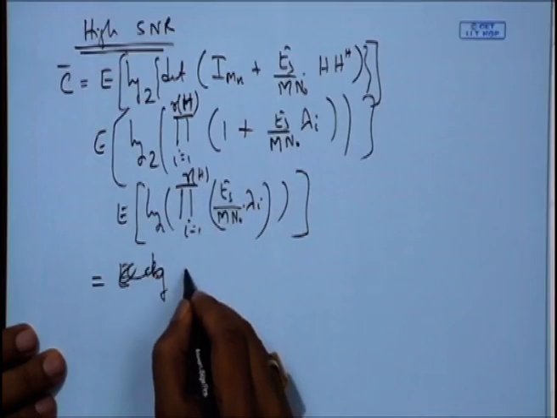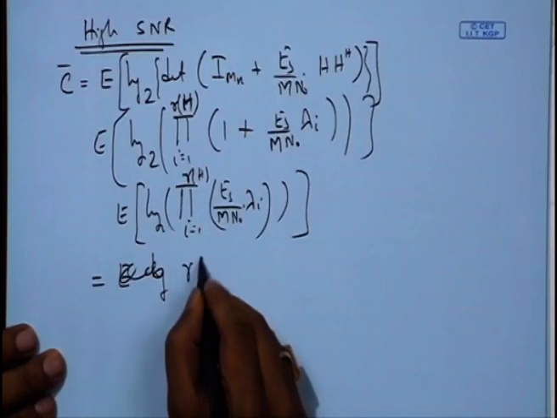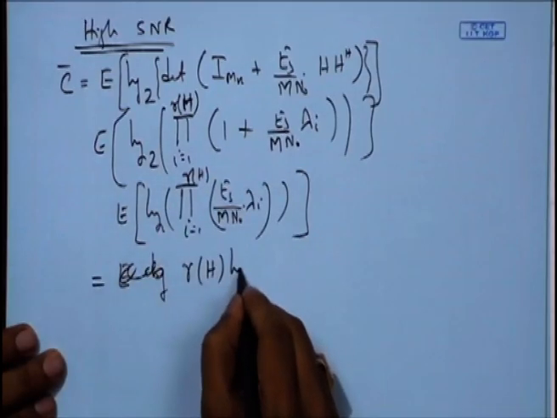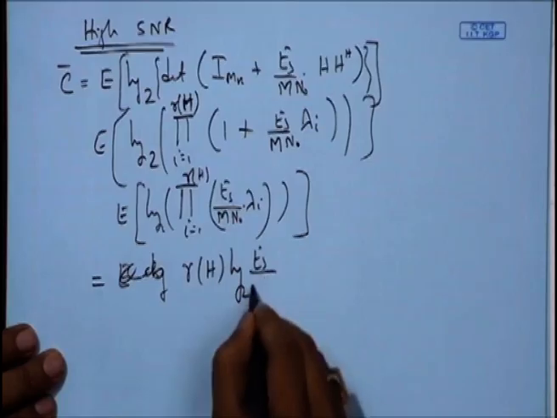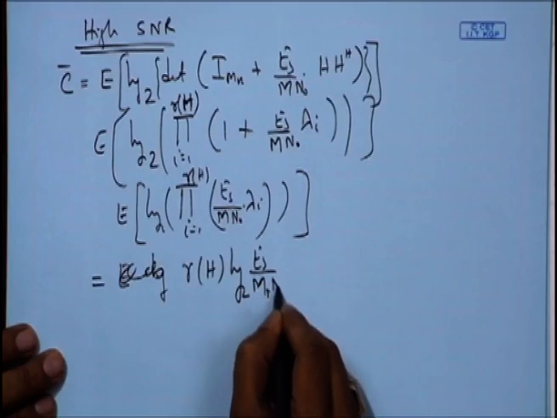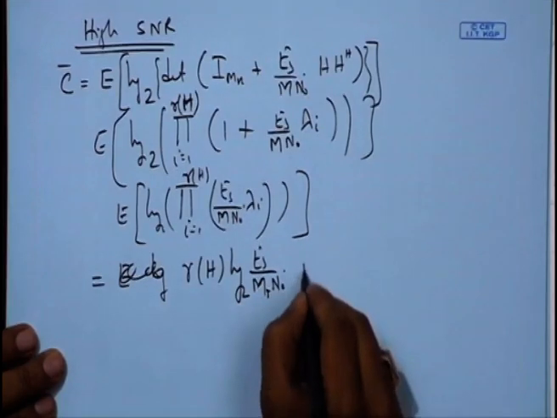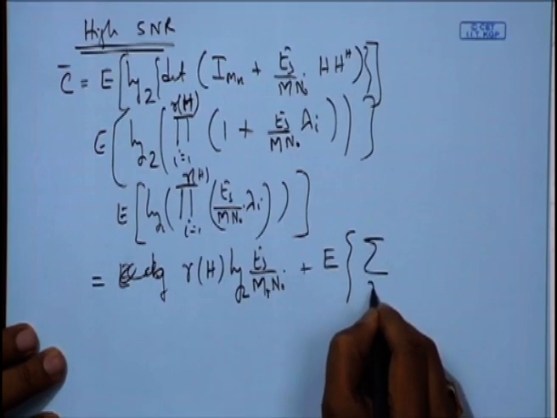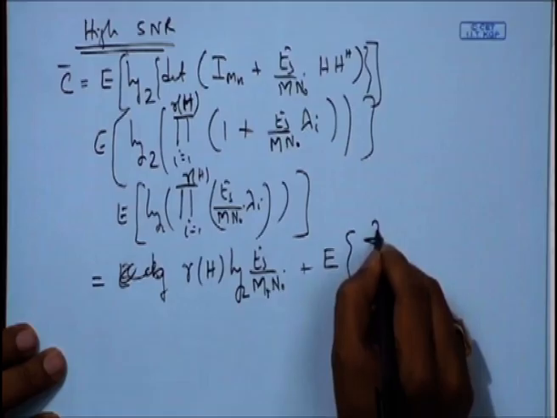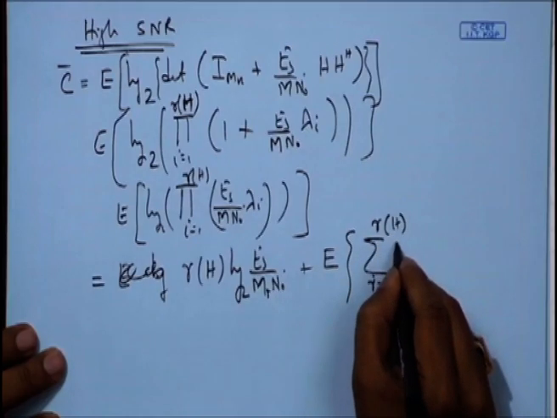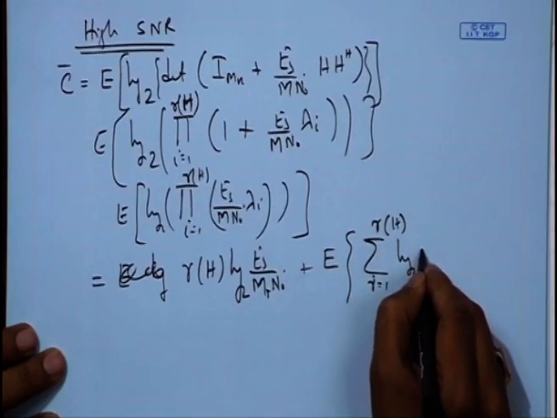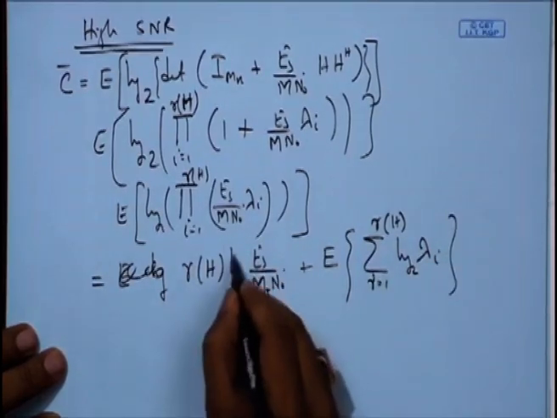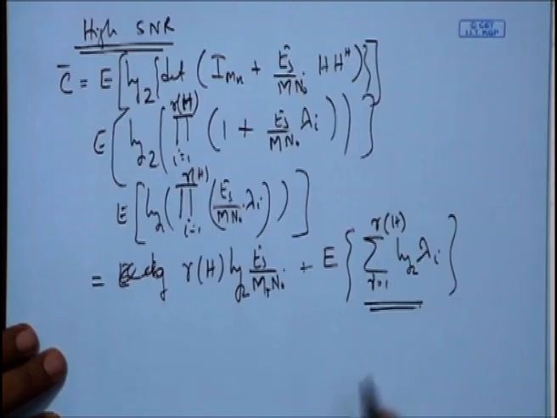So if that term is constant, we will have rank of H times log base 2 of Es by M_T N_0, this is the constant term, plus the expectation of the sum over i equals 1 to rank of H of log base 2 lambda_i. This is constant, so not of much importance, this is what we should look at.